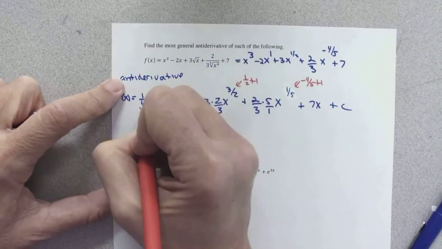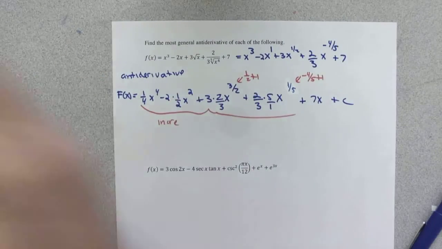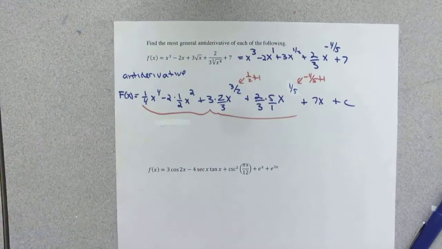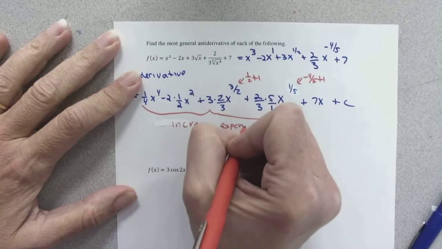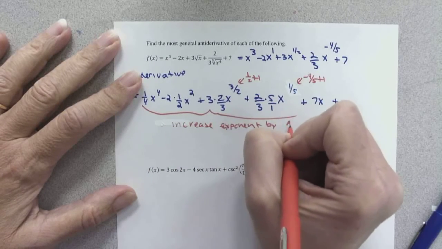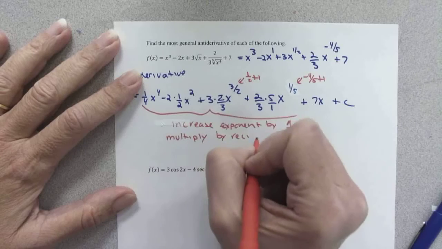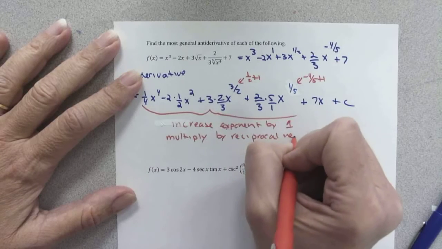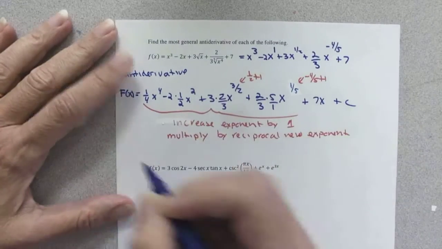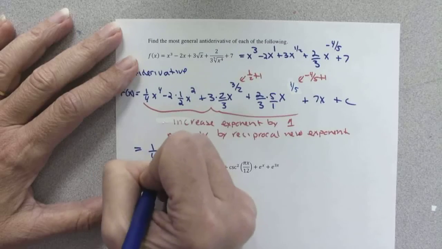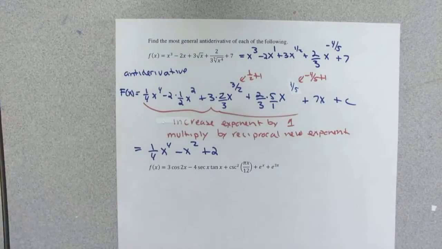And so all of these guys basically were: increase the exponent by 1, multiply by reciprocal, new exponent, and then make it look a little prettier. And so that's 1/4 x to the 4th minus x squared plus 2.